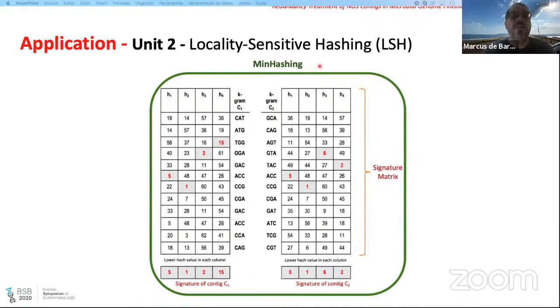This is why it is called min hash. We take the minimum value in each column. So here we have as the minimum values 5, 1, 2, and 15. These are the values for the signature of contig 1. In a similar way for contig 2, we have 5, 1, 6, and 2 as the minimum values, forming the signature of contig 2: 5, 1, 6, 2.